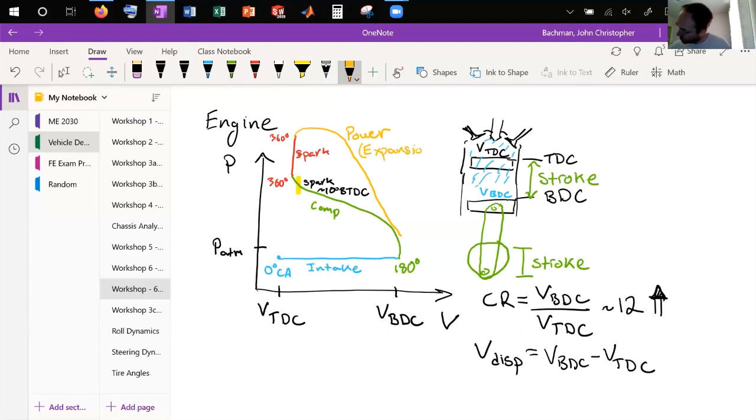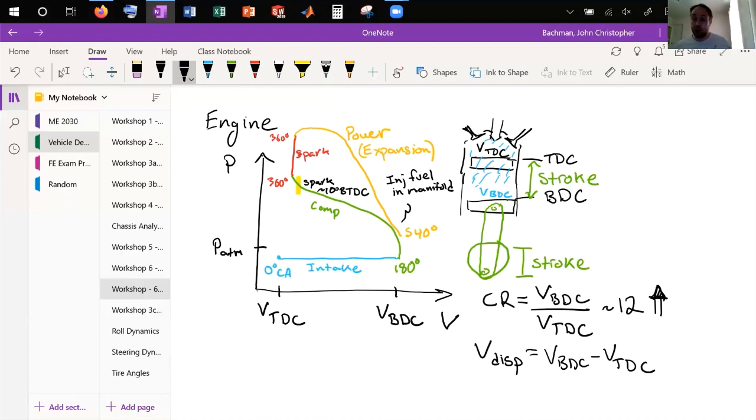So this is where you're getting all the energy out, or at least most of the energy out. So you have your expansion stroke at this point, and this is going to put you at 540 degrees. This point here is also where you inject fuel in the manifold, if you have a fuel injector that's not in the cylinder.